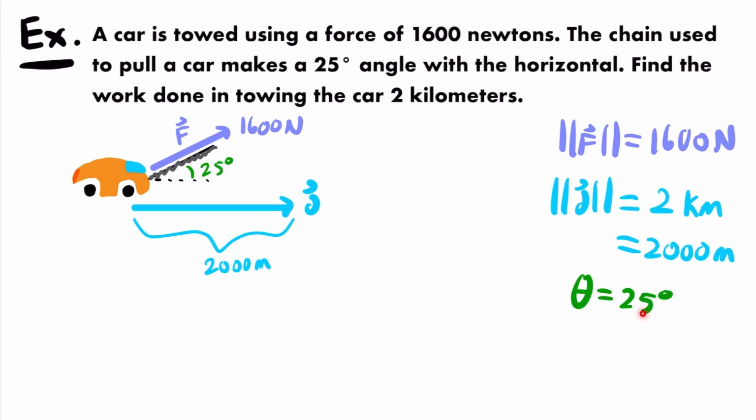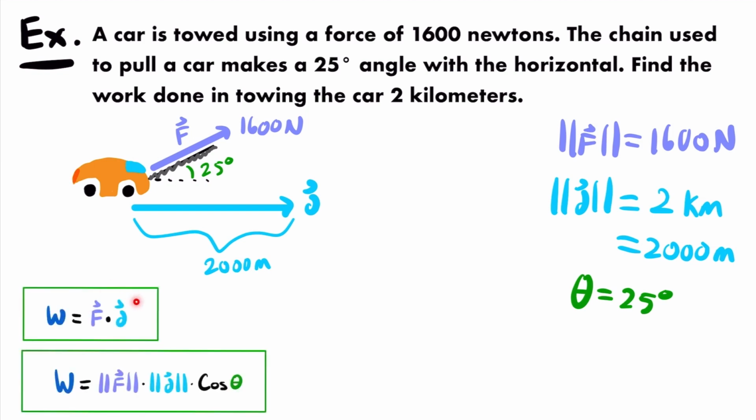And I'm going to keep it in degrees this time. I'm not going to work in radians because 25 degrees is not a special angle like 45 degrees or 30 or 60. So I'm just going to keep it like this and rely on my calculator. Okay, but remember, to calculate work using vectors, there are 2 formulas that we have to choose from. We can either calculate the dot product of the force and distance vectors in this way, or we can use the alternate form of the dot product where we need to use the angle between those 2 vectors, which is what we have to do in this case, right?